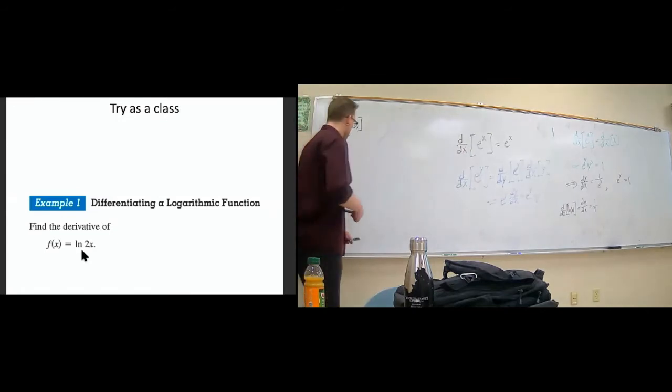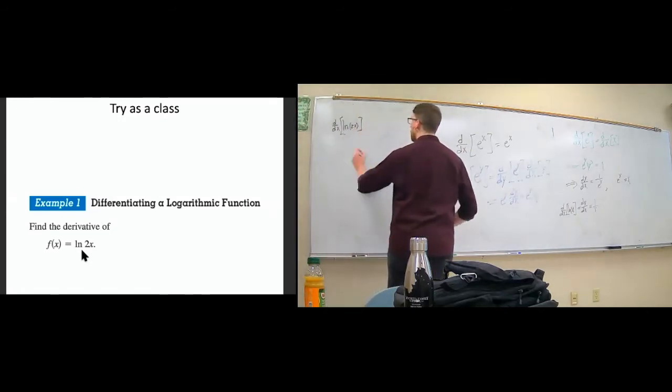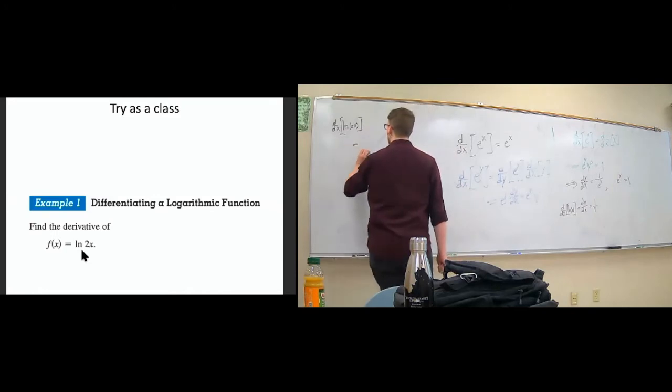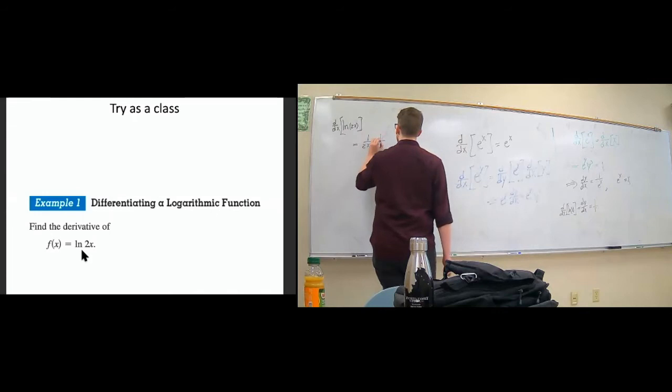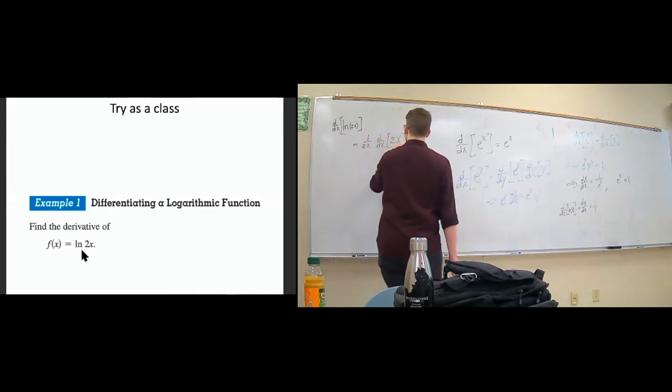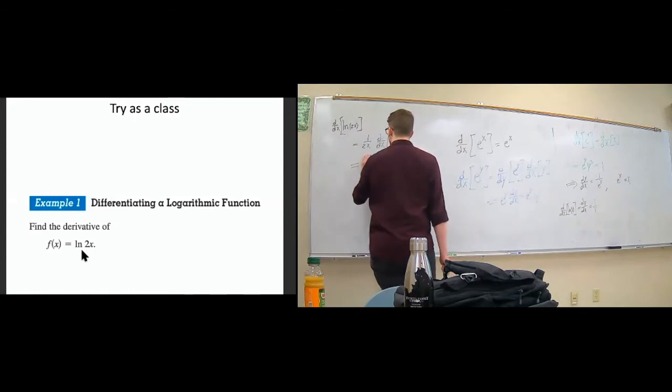Well, working this out, this is going to be 1 over 2x times the derivative of 2x, which is going to give us 1 over 2x times 2, or just 1 over x.